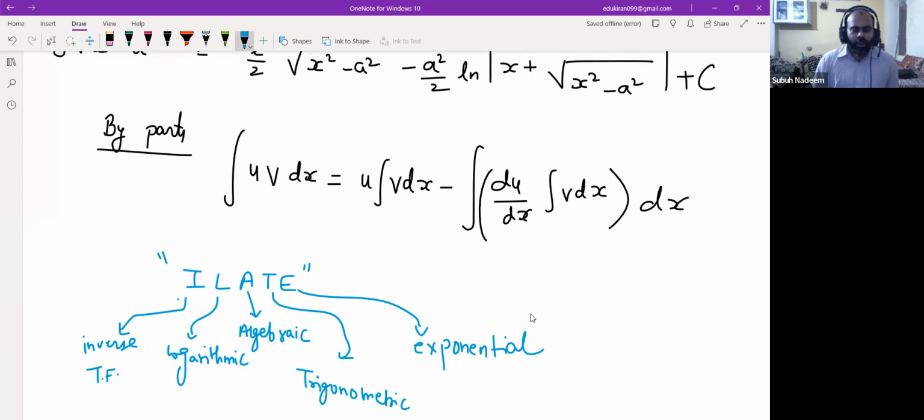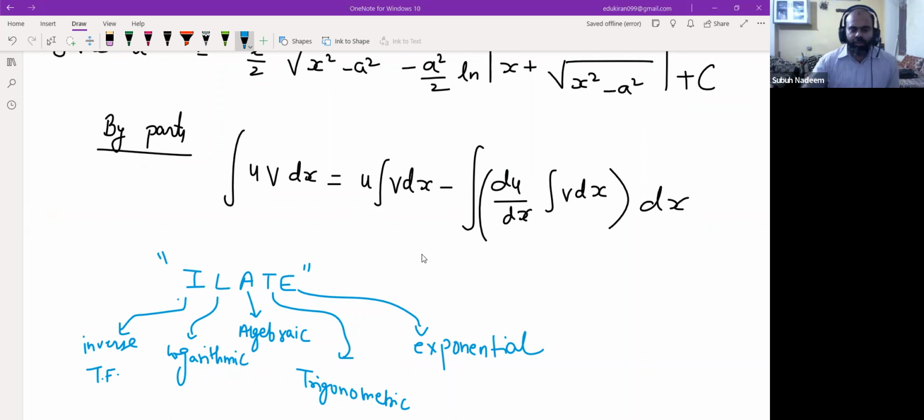So when you do by parts, you have to take u and v following this rule. That is, u is the first one and v is the second one. So if I and A, two types of functions are there, then you will take I first as u and A as the second one.